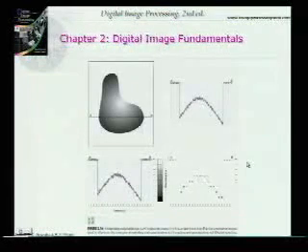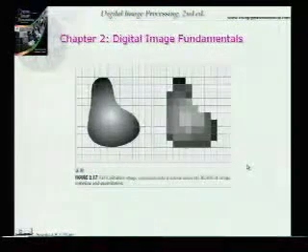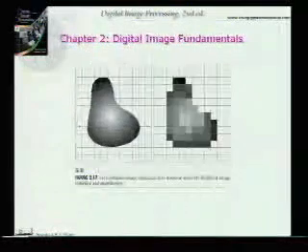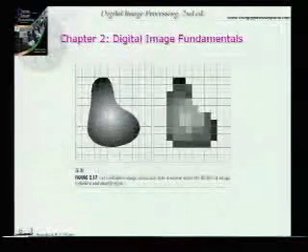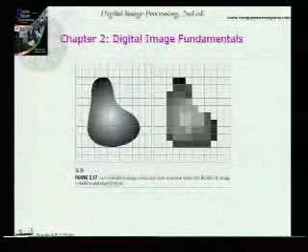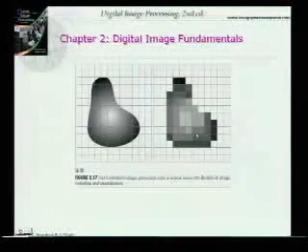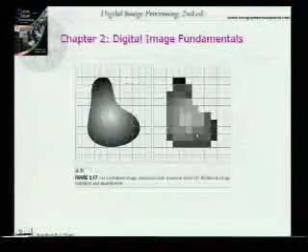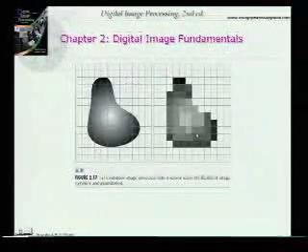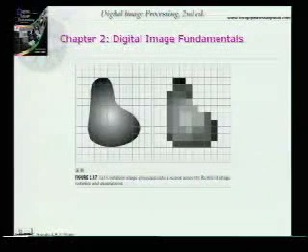So most images that we deal with have been both sampled in the space domain and quantized in the amplitude domain. This is a continuous image that's been projected onto a sensor array, and this is the resulting image after sampling and quantization. Again, we're exaggerating here. Most times, if the sampling and quantization are so coarse, you're going to have a lot of trouble.